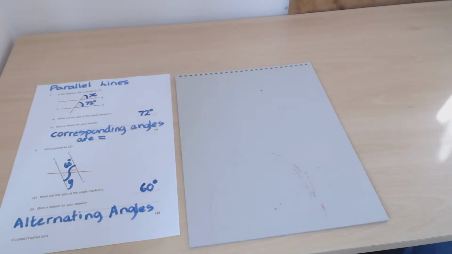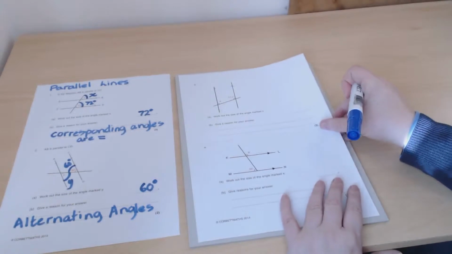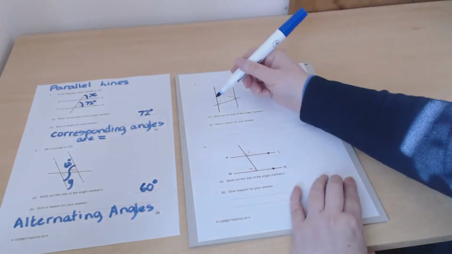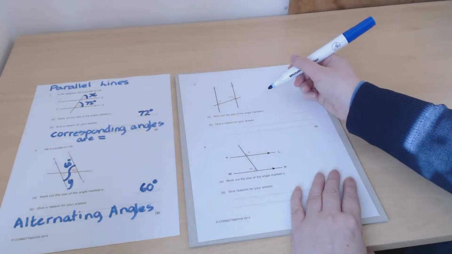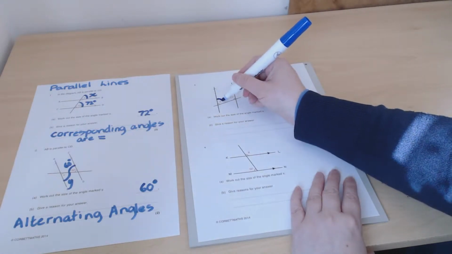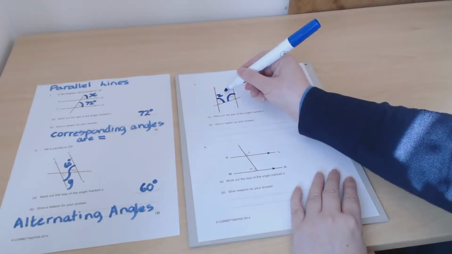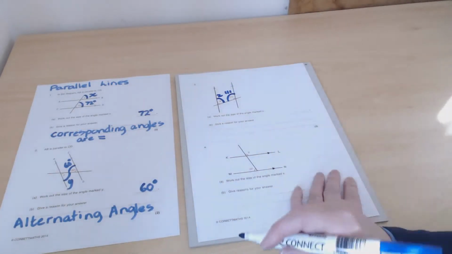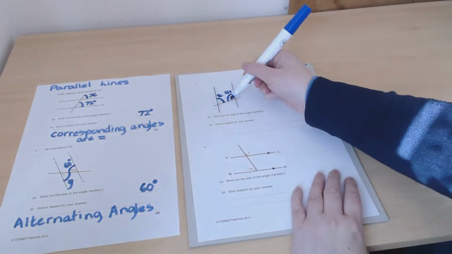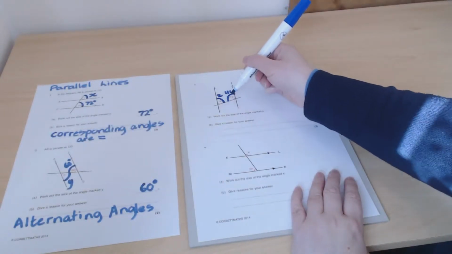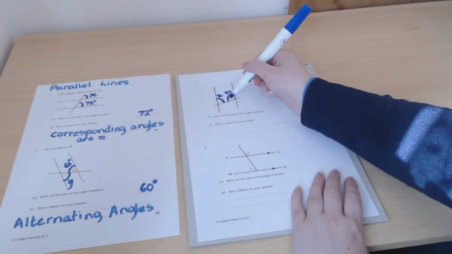Okay, put that one to one side for a minute. So we're going to introduce the 3rd one that you need to know about that's special to parallel lines. So here we've got our parallel lines going up this way and a line coming across. And in here we've got X. And in here we've got an angle which is 111. Okay. So both angles are inside and on the same side of the line that's going through.